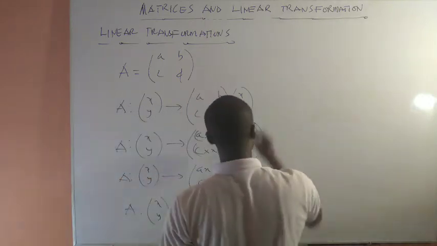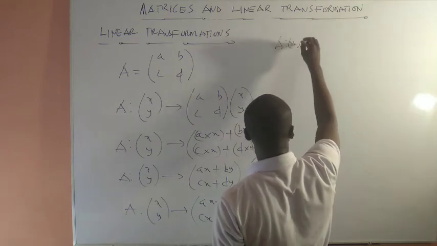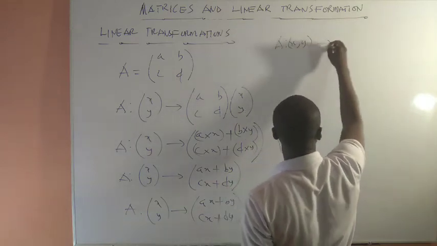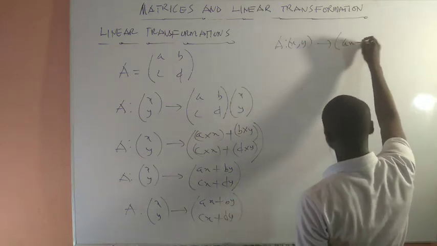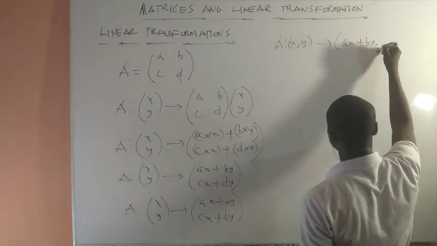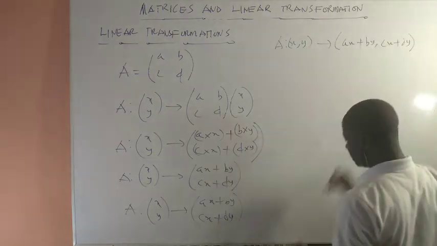So we can simplify this as A of xy maps to our first row. The first row we have ax plus by, then the second row we have cx plus dy. So this is the linear transformation.